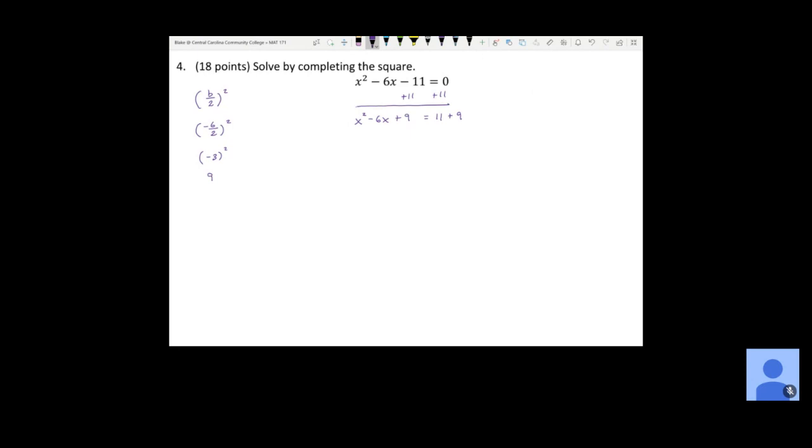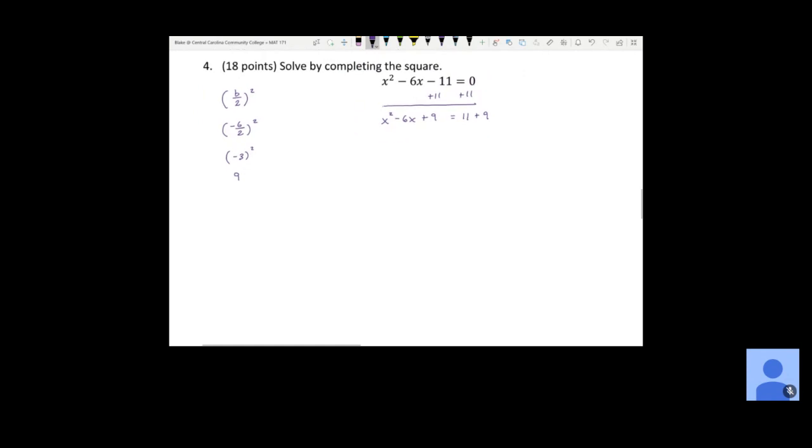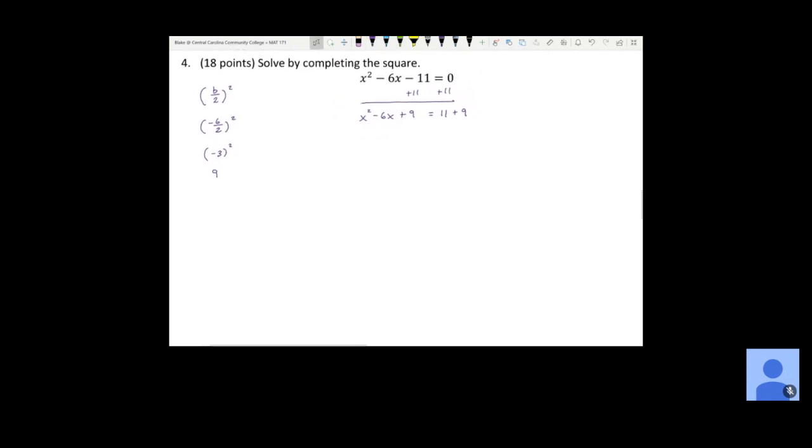All right, now that we've got that, now what can we do? Factor the left. Good. What's the factor going to look like for the left-hand side here? Good. It's going to become x minus 3 squared.